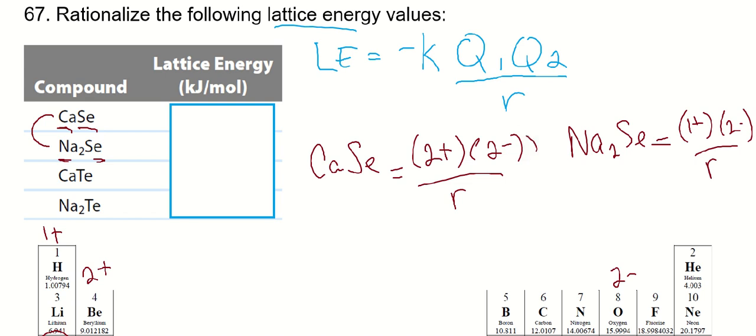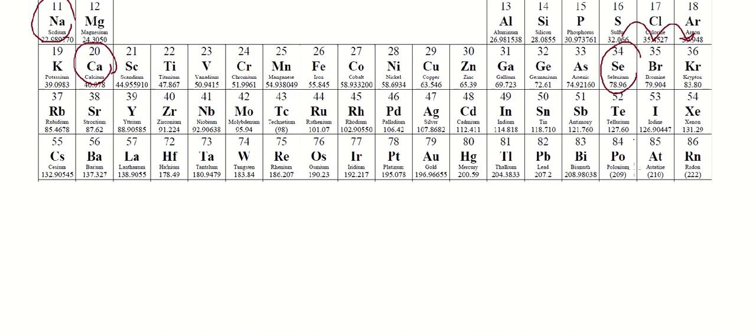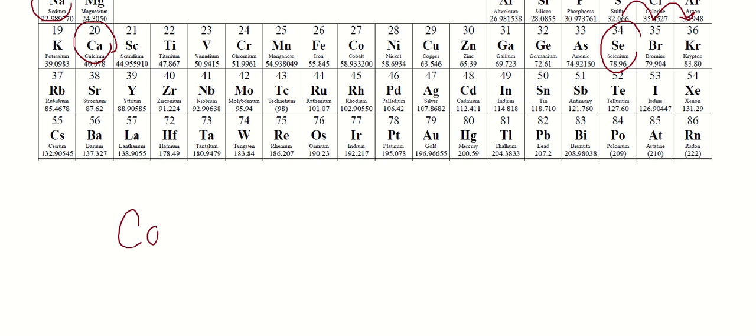So we would expect the lattice energy for calcium selenide to be much greater than the lattice energy for sodium selenide. Let's put that down here. Calcium selenide, much greater than sodium selenide.